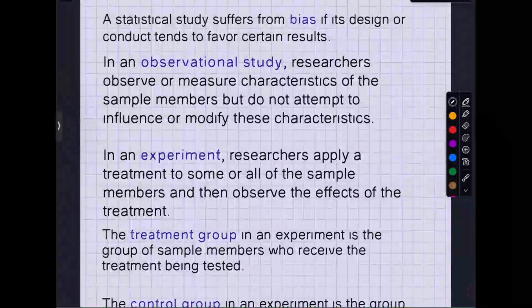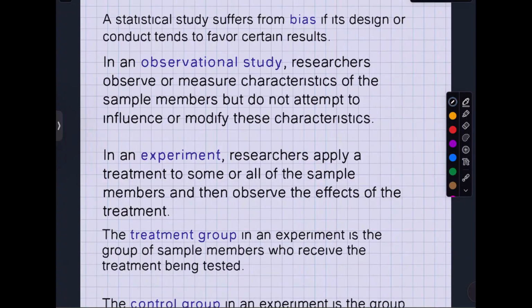Here are your biases. A statistical study suffers from bias if its design or conduct tends to favor certain results. Observational studies.